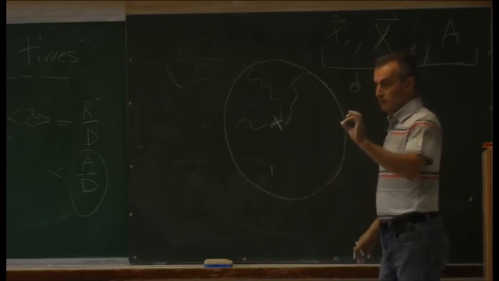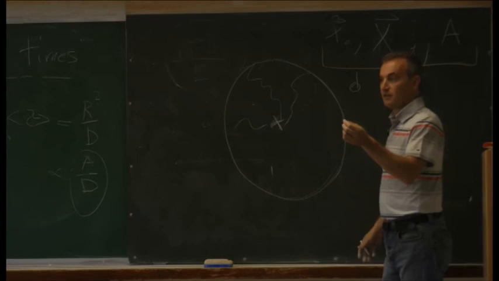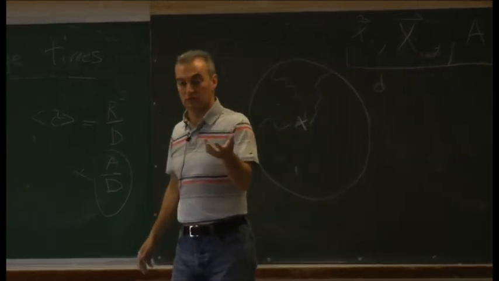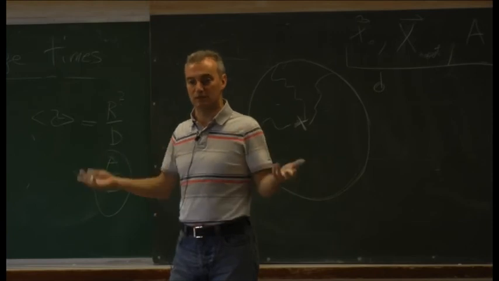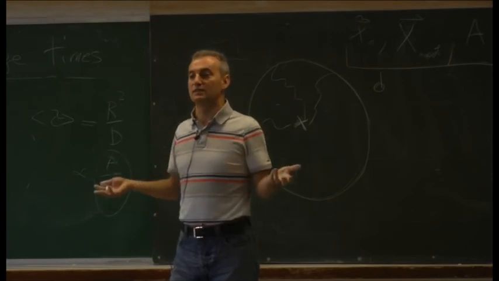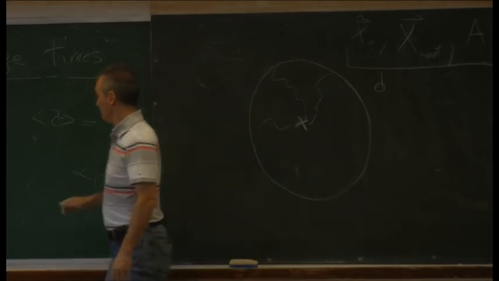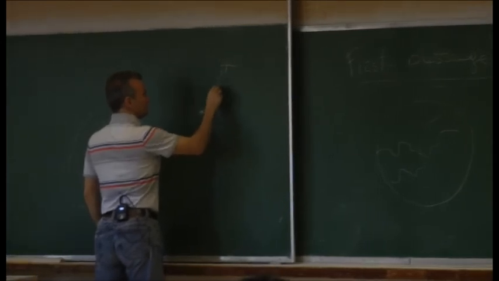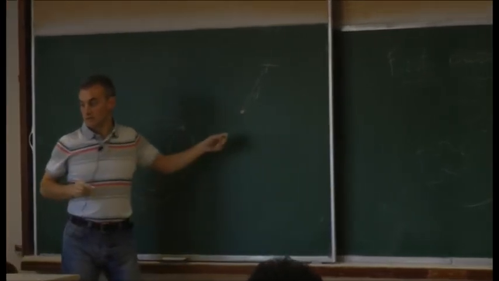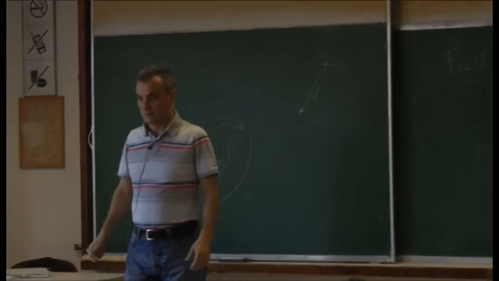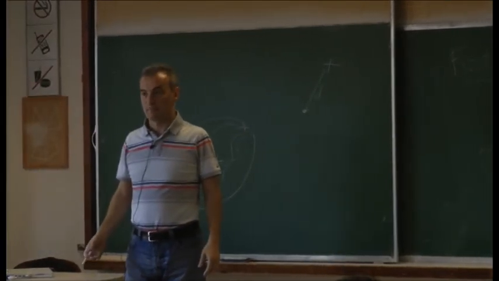Now, let me add one more thing. If you have an unbounded space and you try to make this computation, so the animal is really in an unbounded space, and you ask what is the mean first passage time to get to a target, there is a distance d now. Then you can ask that question. But if the animal is really in an unbounded space, what do you think is the answer?